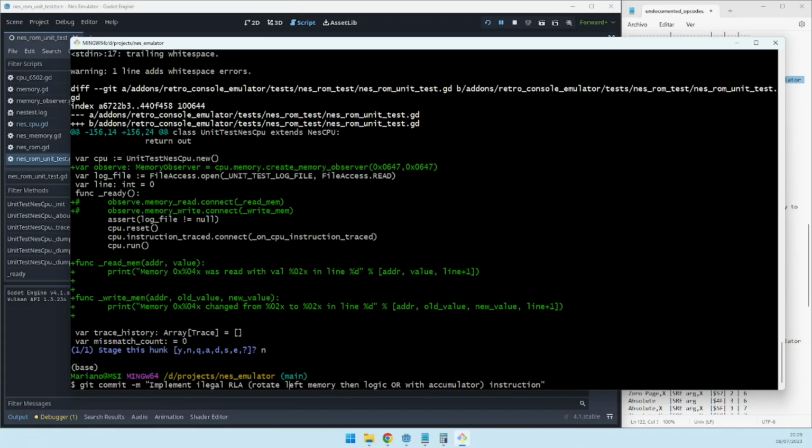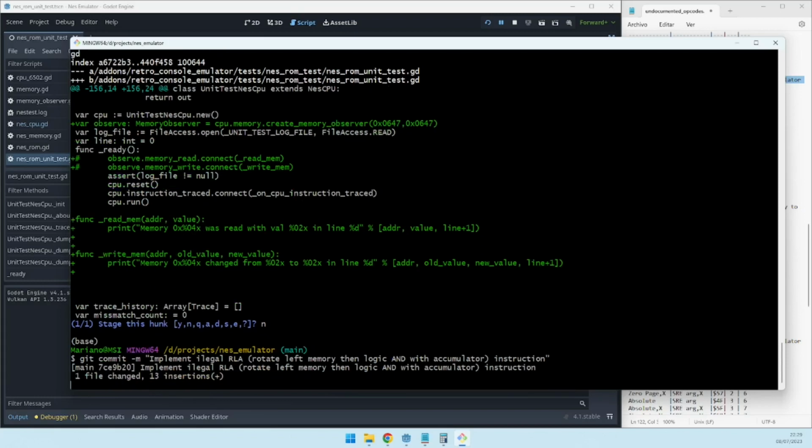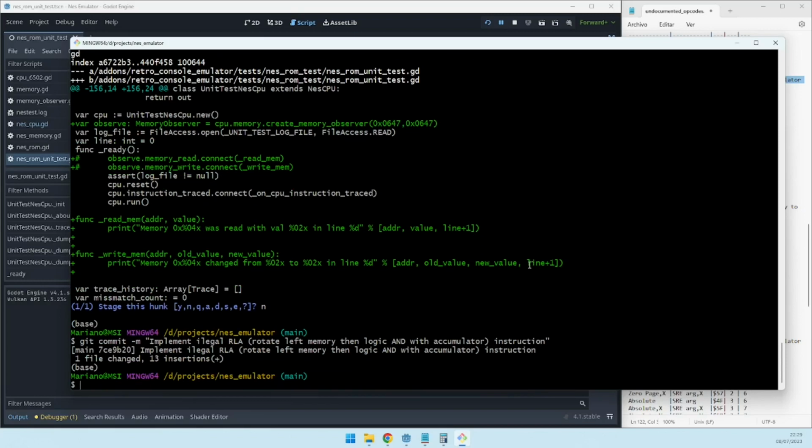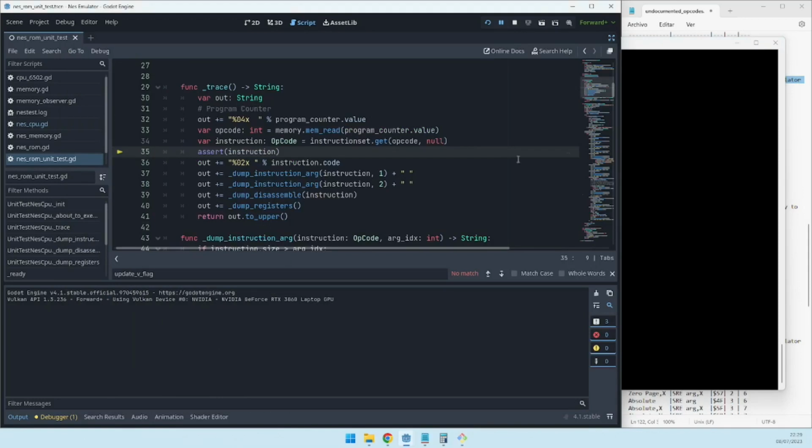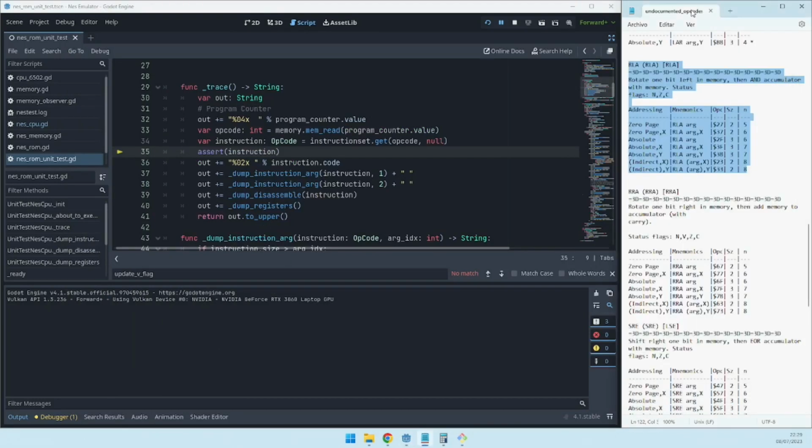Rotate left memory, then logic AND with accumulator. Awesome. Git push origin main. Small commits. That's the clue.